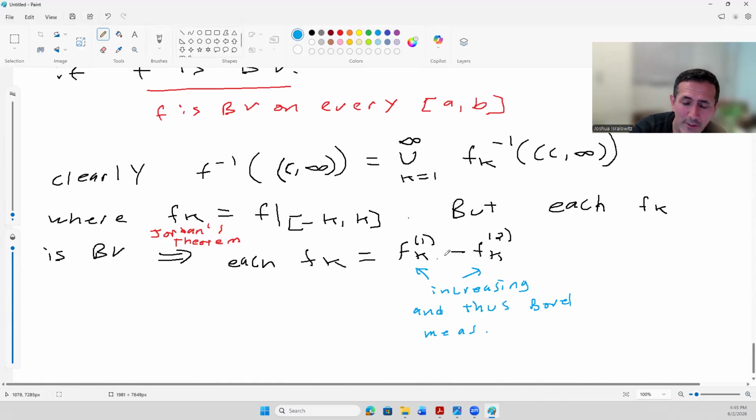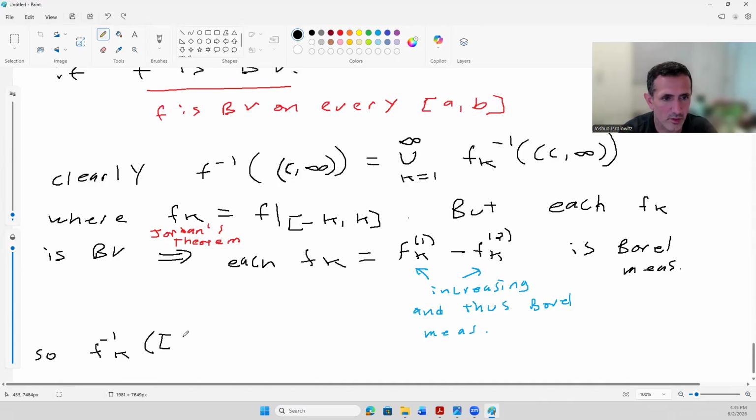All right, so we have a difference of Borel measurable functions, and that is Borel. So that means each of these is Borel.